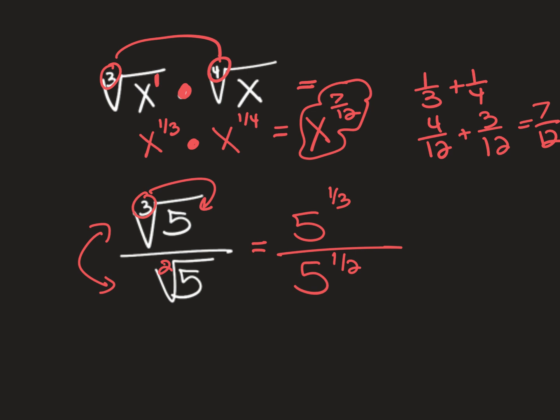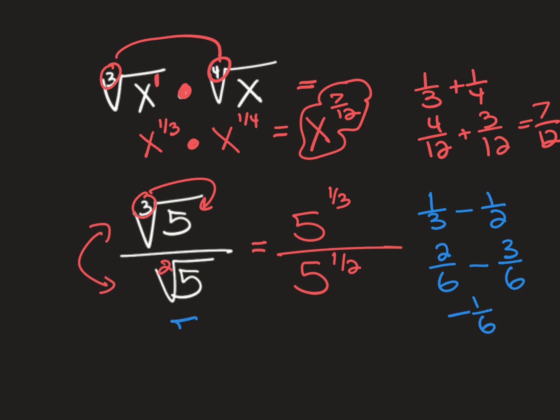Now this time, I still want to subtract these. But again, denominators need to be the same. So 1/3 minus 1/2. I'm going to go ahead and change those to a 6. So that becomes 2, that becomes 3, and I end up with negative 1 over 6.